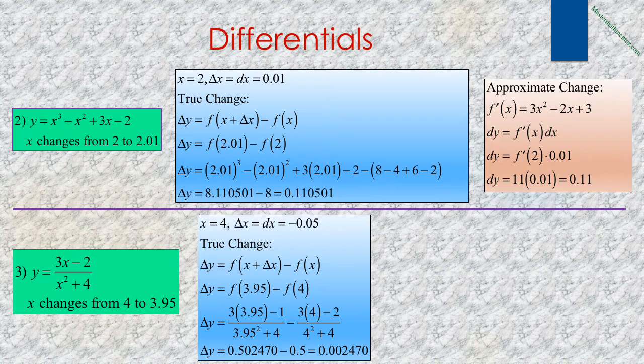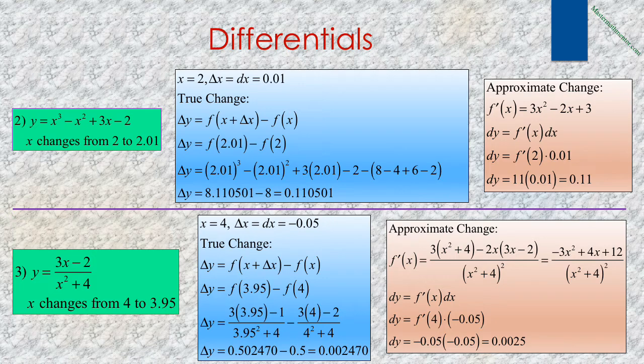This gives 3 times 3.95 minus 2 all over 3.95 squared plus 4, minus 3 times 4 minus 2 all over 4 squared plus 4. Using our calculator, we get 0.502470 minus 0.5, and our delta y, our true change, is 0.002470.